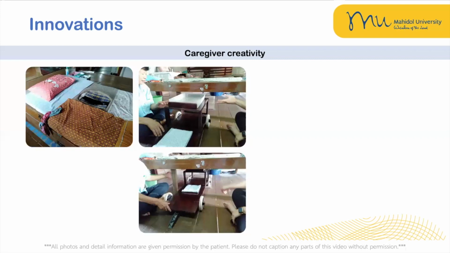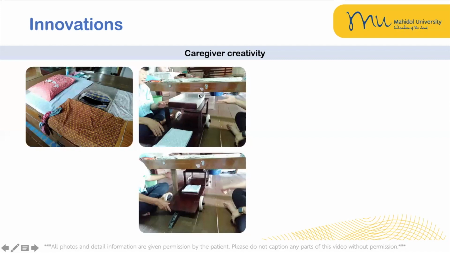Then she thought about how to move her mom's legs, provide better hygiene care, and also save the cost of diapers. So she had an idea about making a hole in the bed for urinary and defecation. The tray is made to fit the hole without any space.